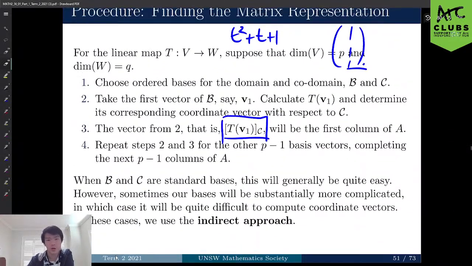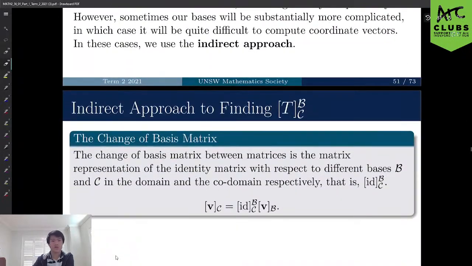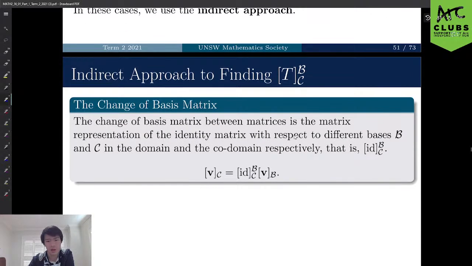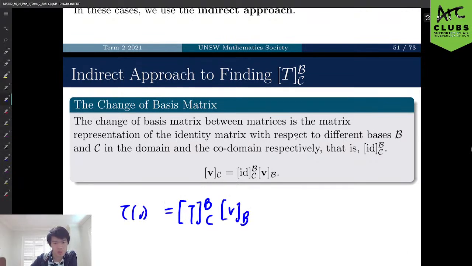So before we can talk about doing that, we have to understand a few concepts first. First of all, when we represent a linear map, we always do something like this. And we'll get this.